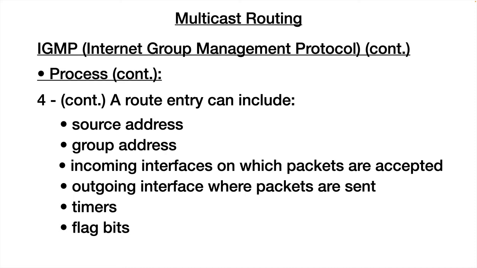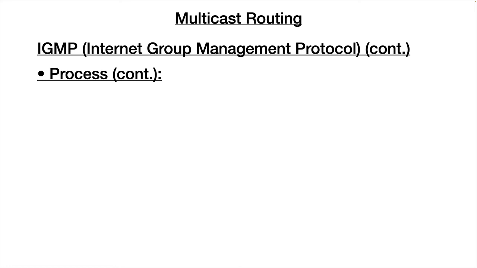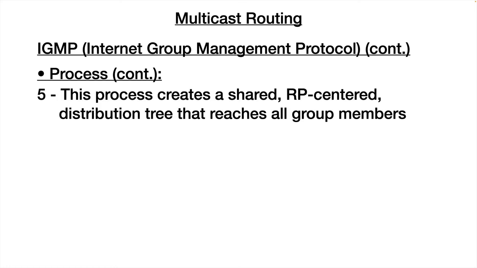So those are the things that the route entry can contain. And then finally, this process creates a shared rendezvous point centered distribution tree that reaches all group members that are included in the group that we were calling X.